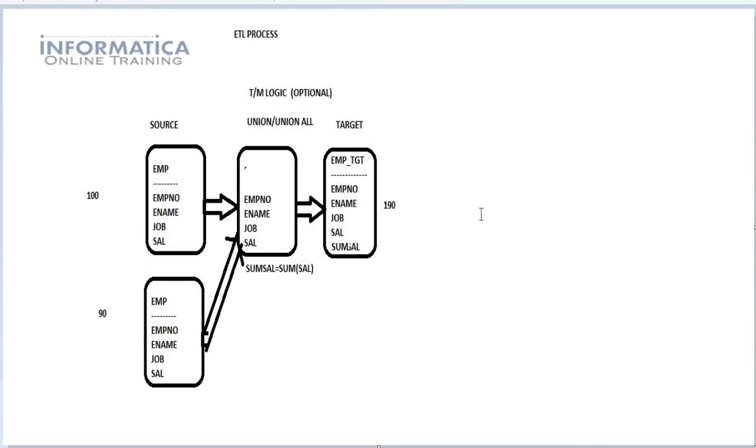We have different transformation techniques to extract only the incremental information, or which data you have to extract. How do you validate the data? All those things we'll try to understand in the further classes.